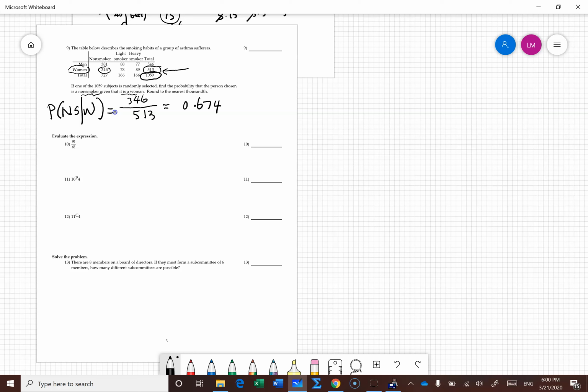Now, evaluate the expression. What is the meaning of this? This is 9, 8, 7, 6, 5, 1. The denominator is 6, 5, 4, 1. So I can actually cancel these.